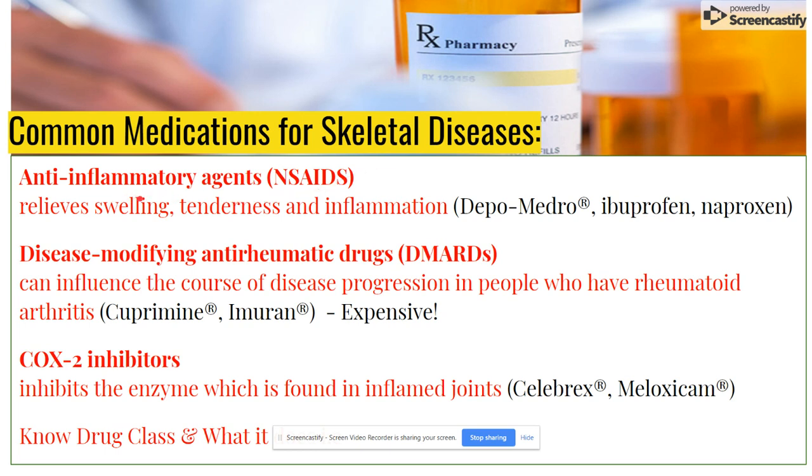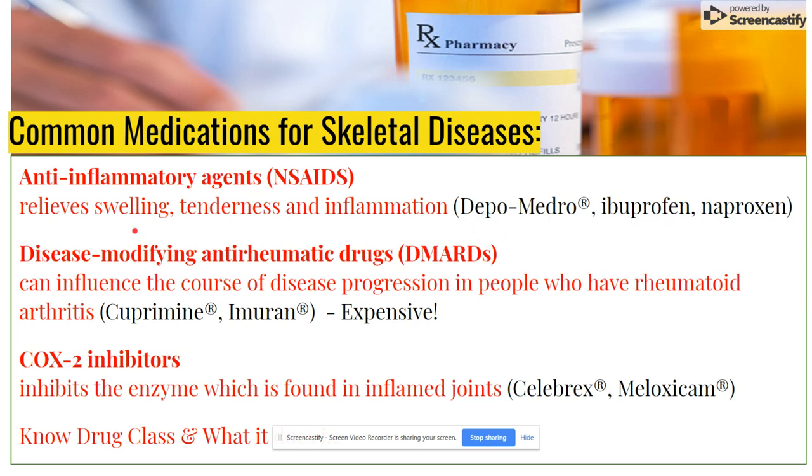Anti-inflammatory agents, they're going to relieve swelling, tenderness, and inflammation. Examples, Depo-Medro, ibuprofen, naproxen. These are going to be over the counter, except for Depo-Medro, but we know we can get ibuprofen and naproxen over the counter. However, when you see patients taking these medications, they're typically going to have a prescription strength.